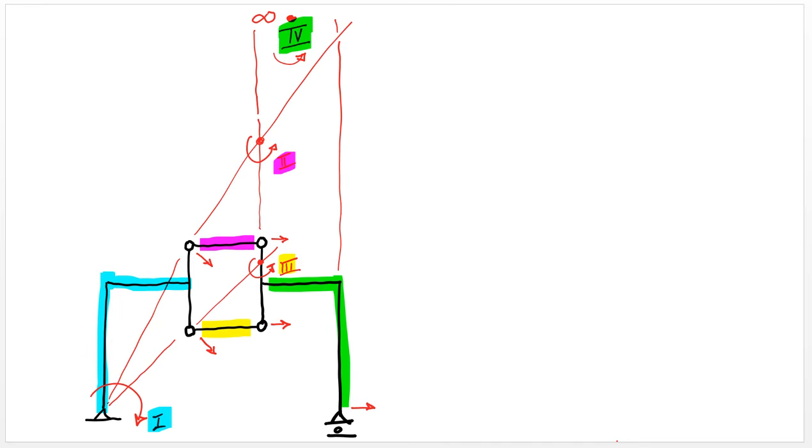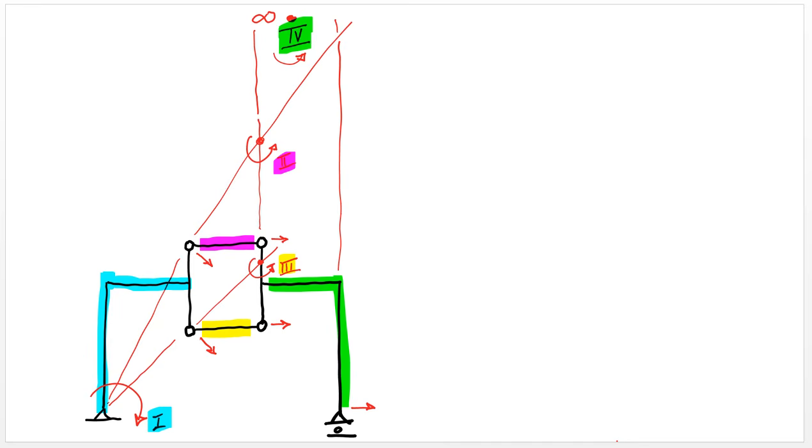And in order for member 3 to rotate, then its center of rotation has to be here as shown in purple. That makes the displacement compatible with the center of rotation of element 1. Similarly, for element 3, the center of rotation is as shown.